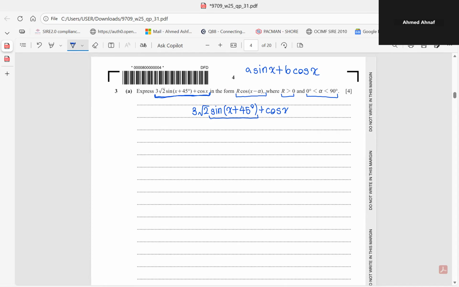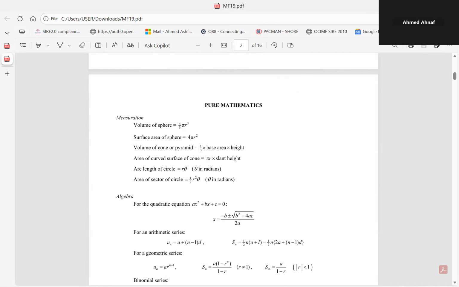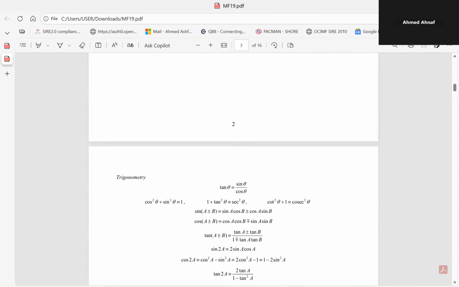For this part, we can use our addition formula, which is given in our MF19.